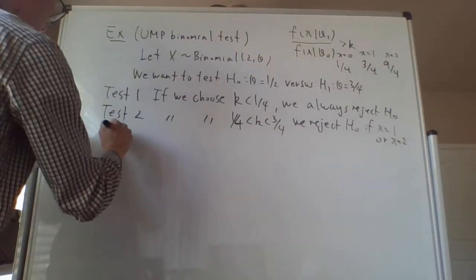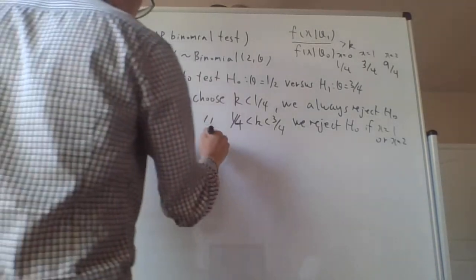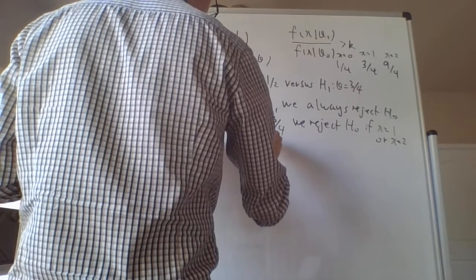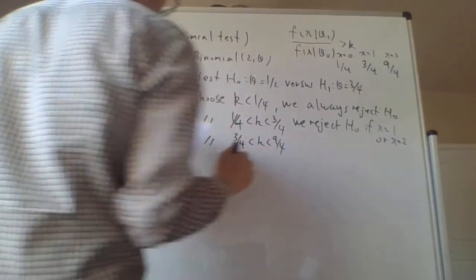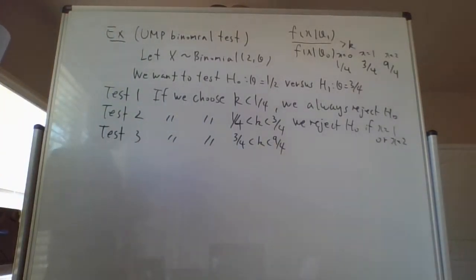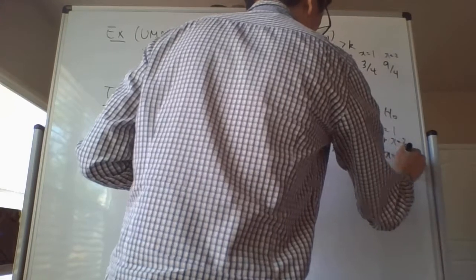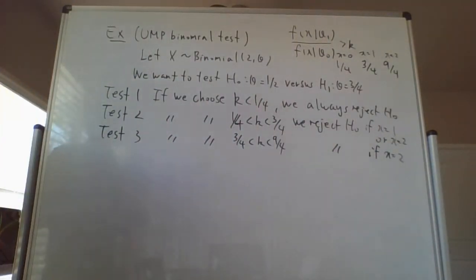And then test 3. When k is greater than 3/4 and less than 9/4, we reject H0 if x is equal to 2. So again, if x is equal to 0 or 1, the ratio is less than 3/4 when k is between 3/4 and 9/4.